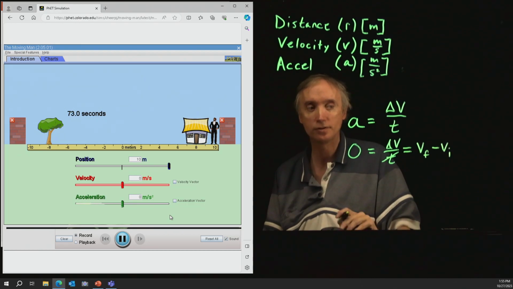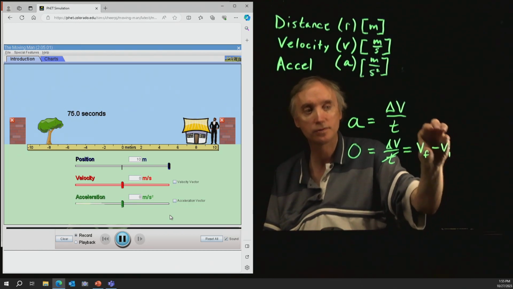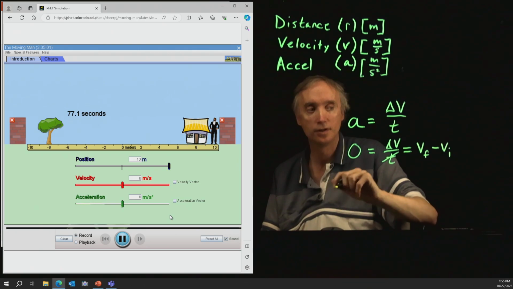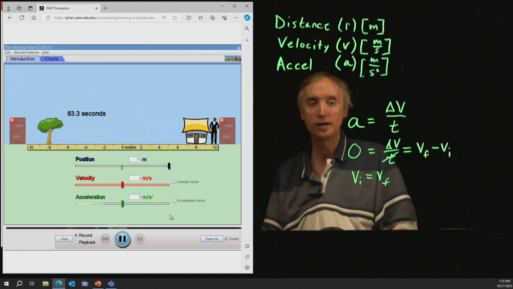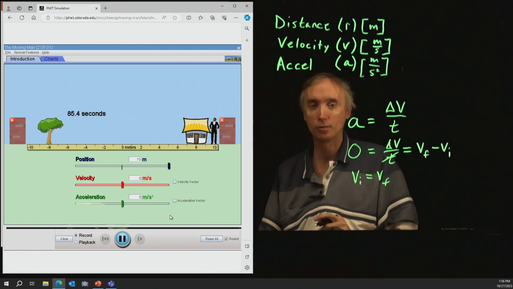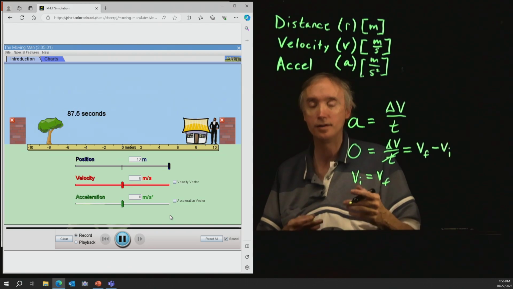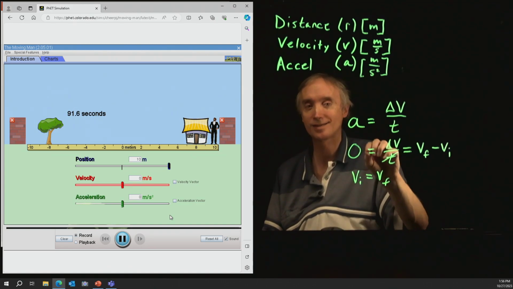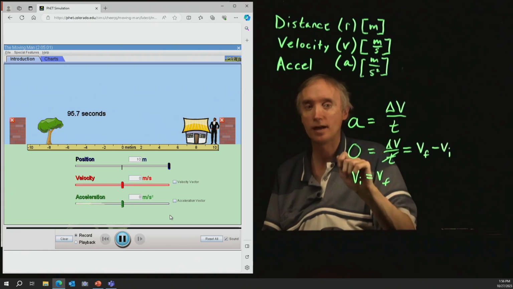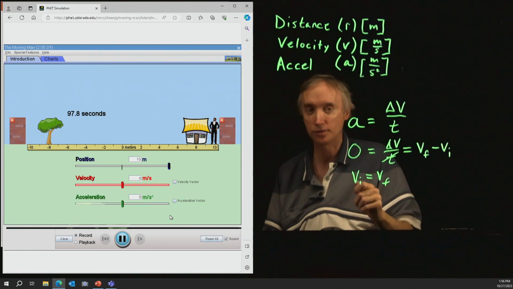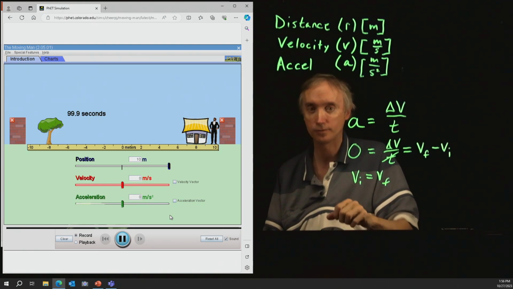That was the definition. And then take this and put it on the other side so that I get that my initial velocity is the same as my final velocity. In other words, the velocity is not changing. So anytime that you see an acceleration equal to 0, that means you're going to have a constant speed. Your speed is not going to change.